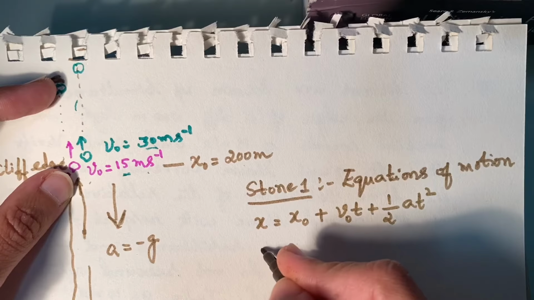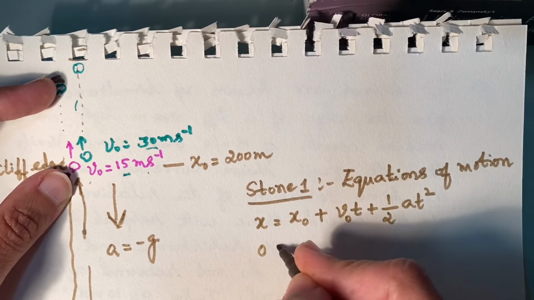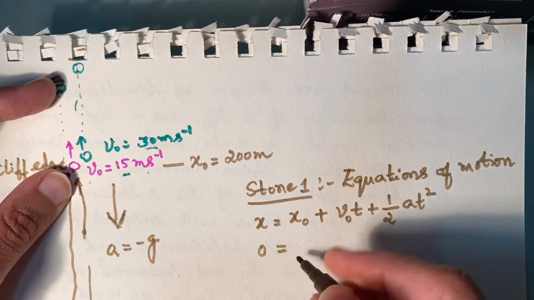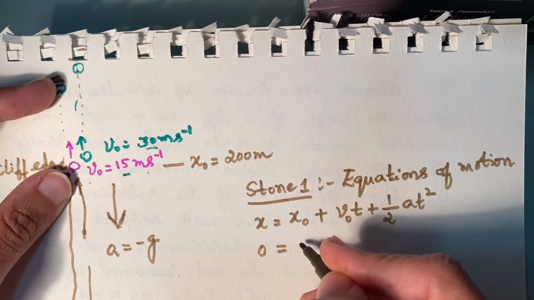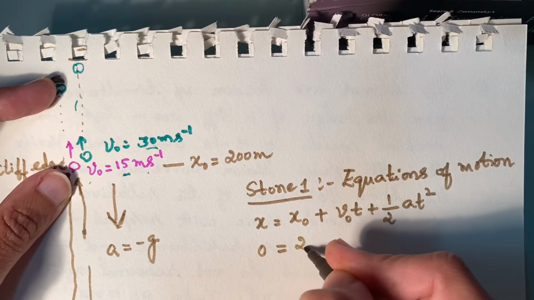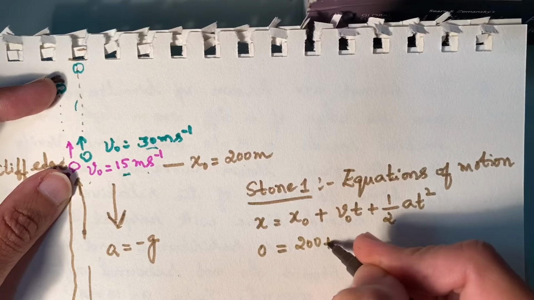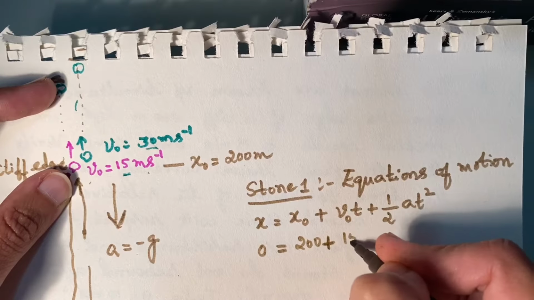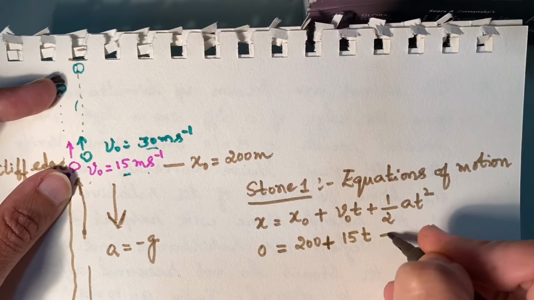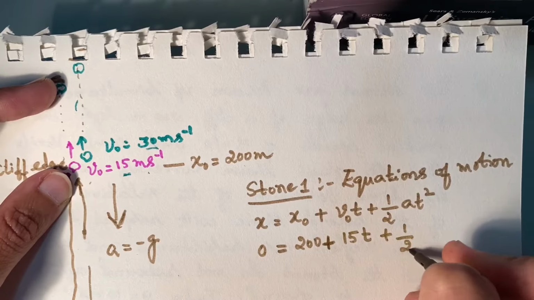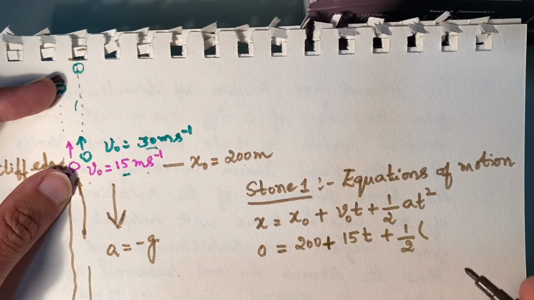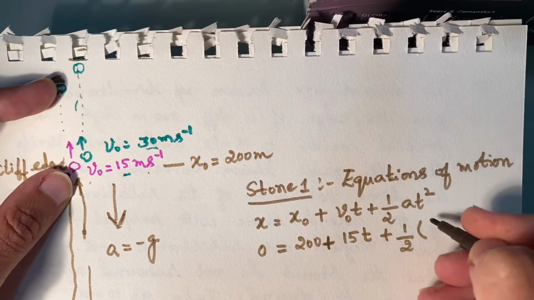So x we know is 0, that is the position of the ground. So ground is at 0. x naught is the cliff distance from the ground, which is 200 meter. v naught is the velocity with which the stone 1 was projected, which is 15. Time is unknown, so I leave it as such. Plus half into acceleration due to gravity, in the numerical it is given as 10.